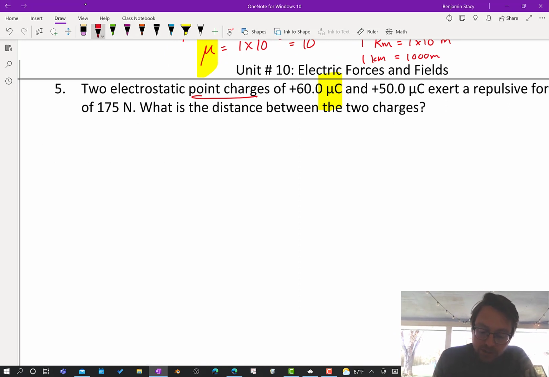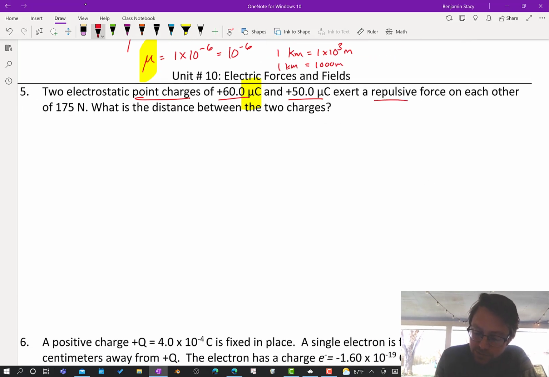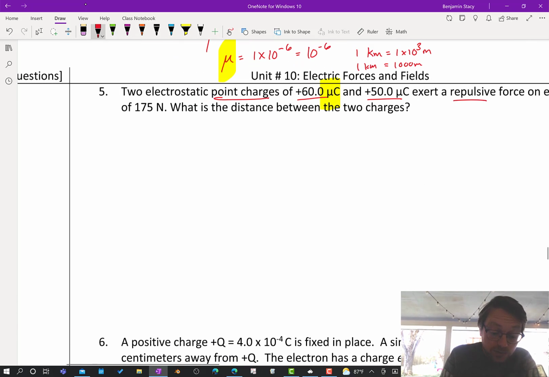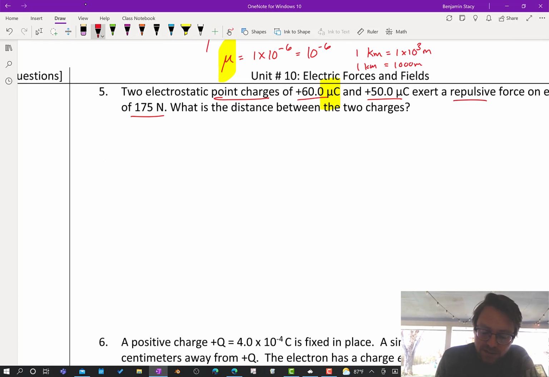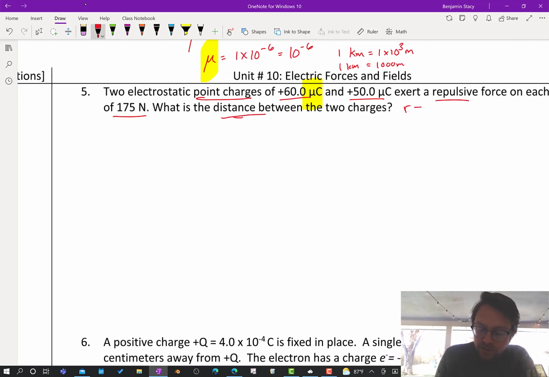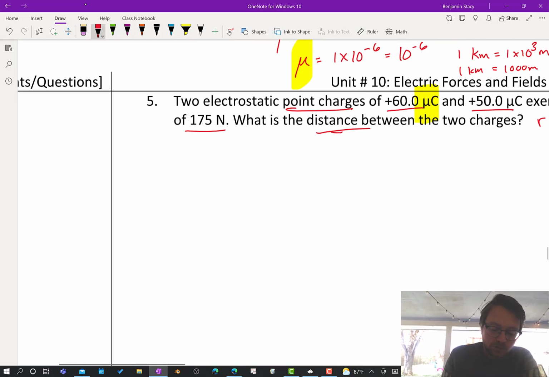Anyway, we've got plus 60 and a plus 50, repulsive. Exert a repulsive force on each other of 175 newtons. Okay, that's pretty strong. What is the distance between the two charges? So R is what? We're still using Coulomb's equation for electrostatic force.